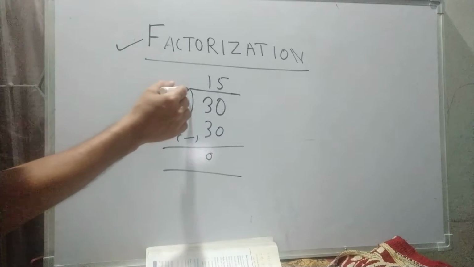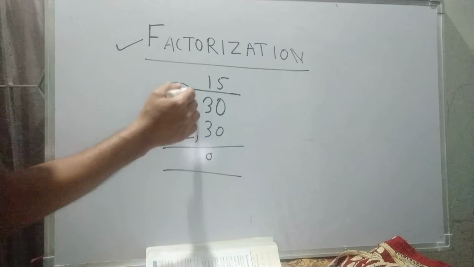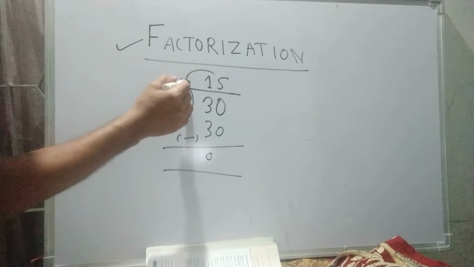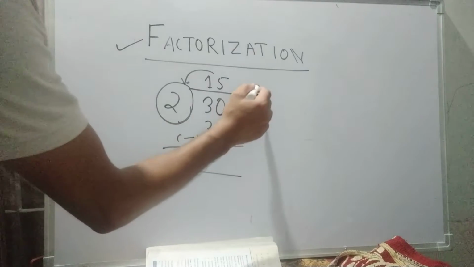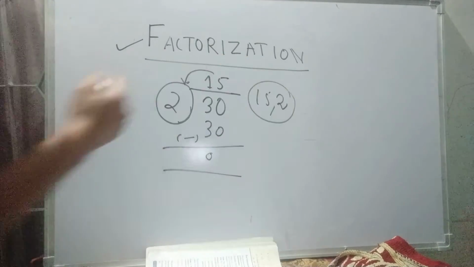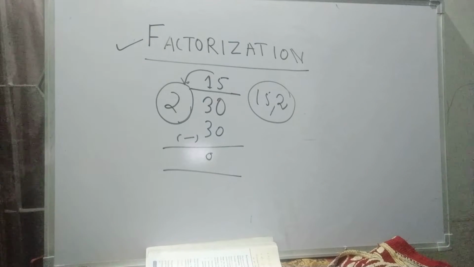Understand here, 2 divides 30 into 15 times and 15 divides 30 into 2 times. So we can say that 15 and 2 are the factors of 30.